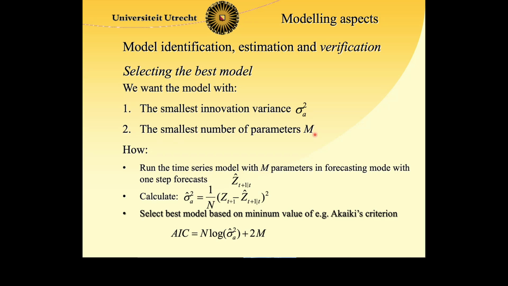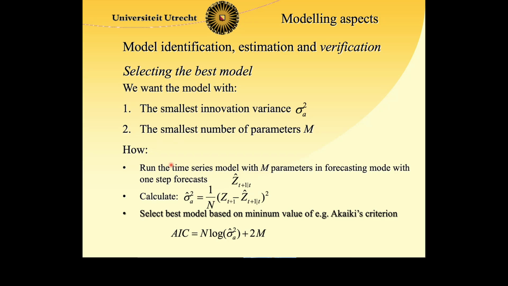You want the simplest model to fit your problem, but not too simple. That's the idea. And there are different so-called measures or criteria that optimally weigh the number of parameters and the residual error.